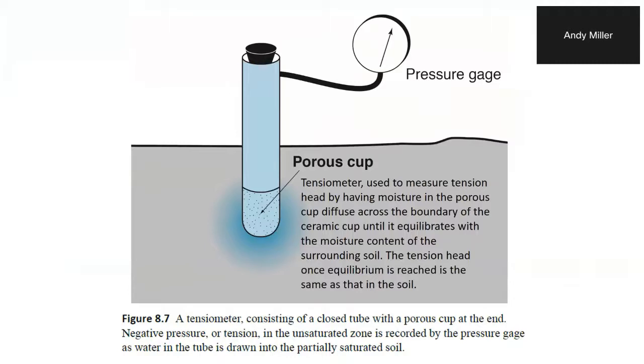That gets measured on a pressure gauge. So just the same way that a piezometer with a water level recorder can keep track of changes in the hydraulic head beneath the water table, a tensiometer can keep track of changes in the tension head over time as well, as the soil either dries out or wets up a little bit.